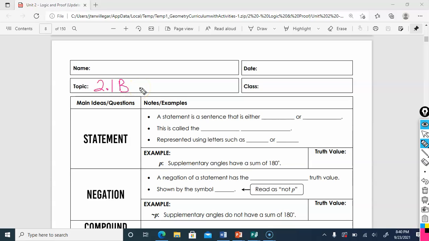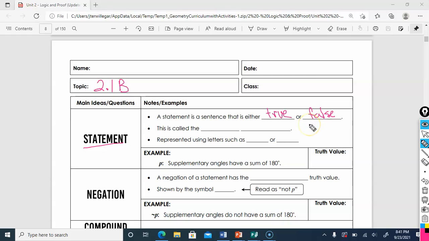Today we're going to be diving deeper into the land of logic. But first, let me make this statement. What is a statement? Well, a statement is a sentence, and it can be either true or false. That's what we're going to be looking at in this section, whether or not something is true or false.